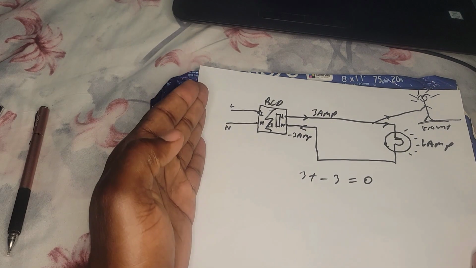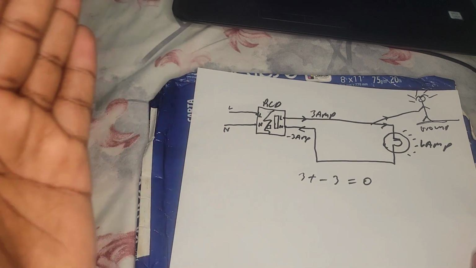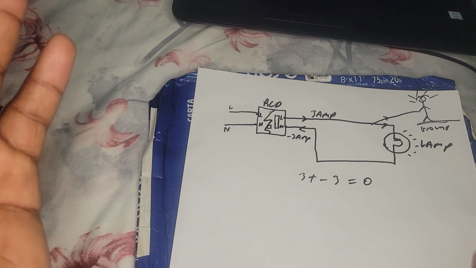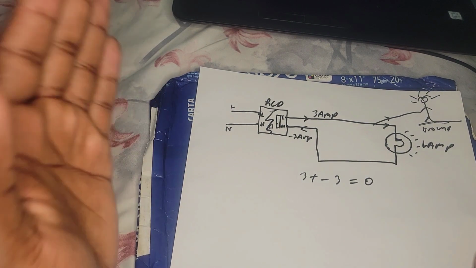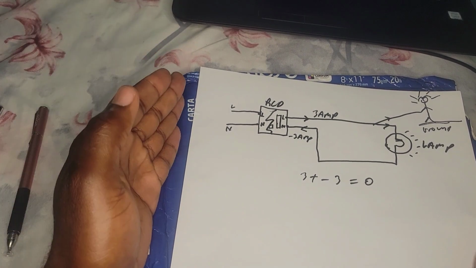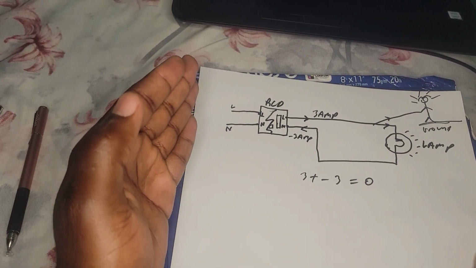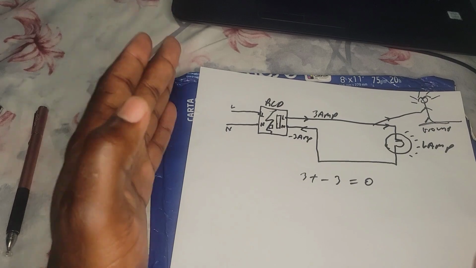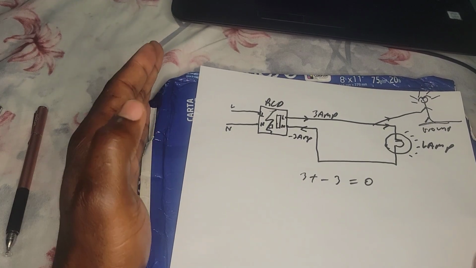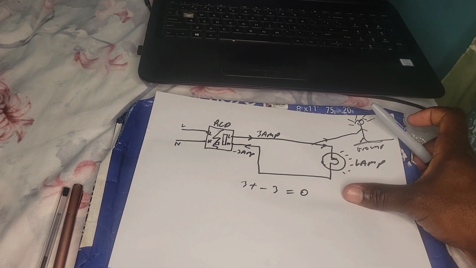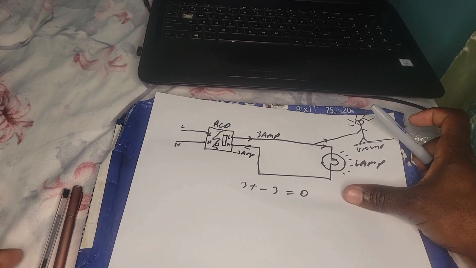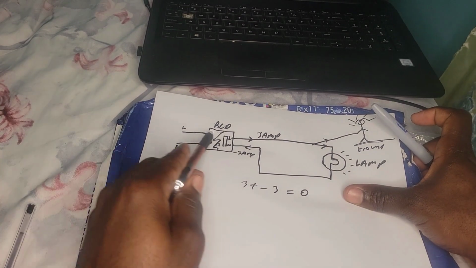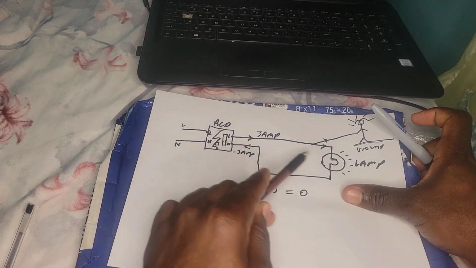The RCD will quickly realize, within a few milliseconds, that whatever I sent out is not what I'm getting back, and it will trip the circuit, open the RCD. So therefore, no current will flow through the circuit, because it will be open.